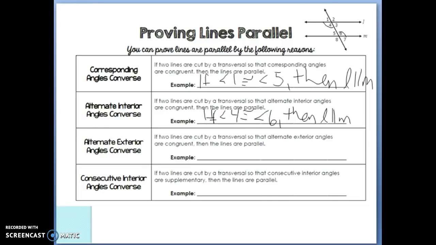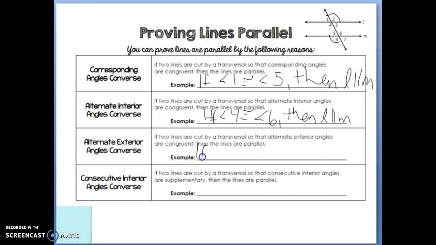Okay, using the same but different properties, using the same example in the top right. If two lines are cut by a transversal so that alternate exterior angles are congruent, then the lines are parallel. So angle 2 and angle 8, those are alternate exterior, opposite sides of the transversal and pointing outward. Then the lines are parallel.